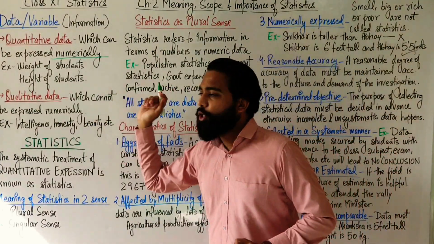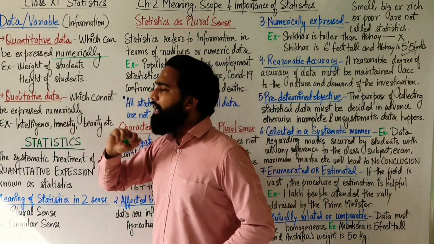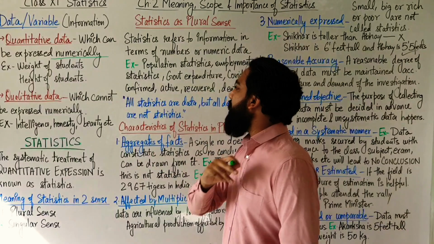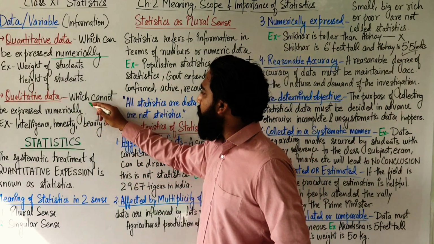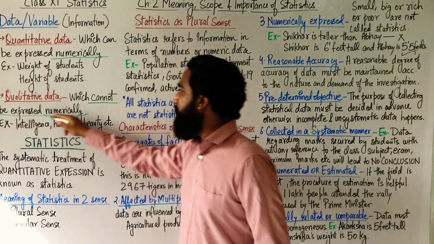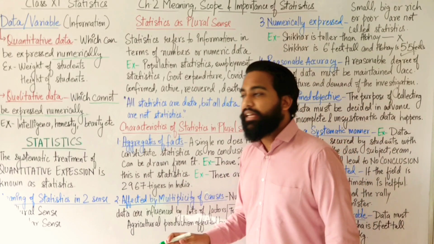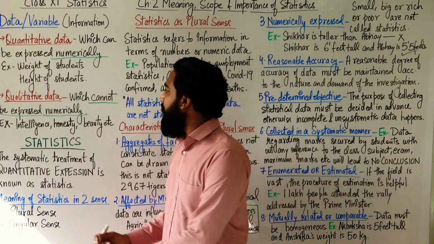And what is qualitative data? The second thing which arises from the data is qualitative data. Qualitative data is data which cannot be expressed numerically. Quantitative data can be expressed numerically; qualitative data cannot.